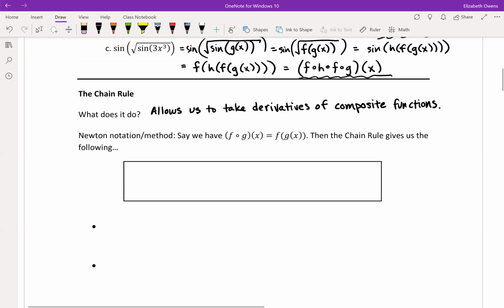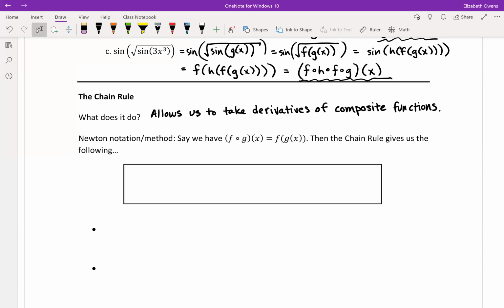So we're going to say that we have a composite function f of g of x. We could write it like the parentheses version as well, f of g of x there. Then the chain rule gives us the following for that derivative.